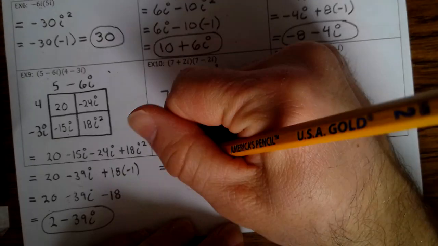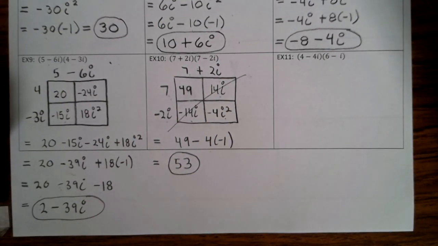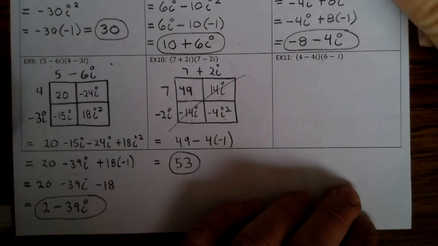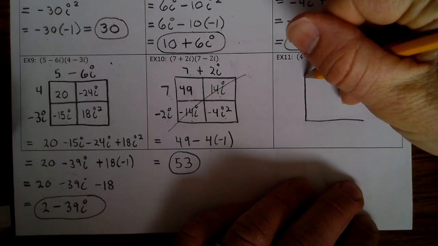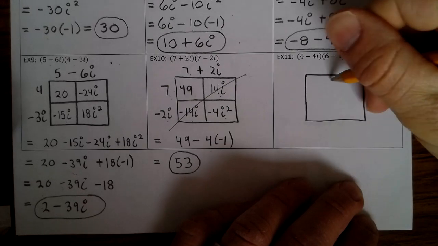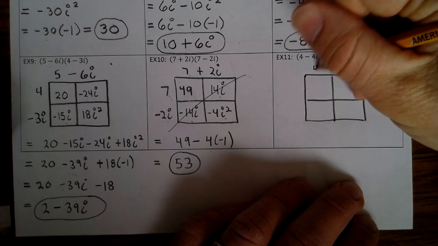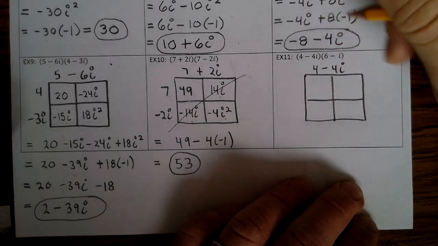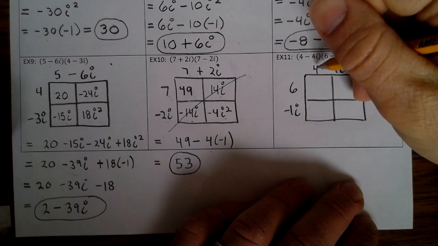All right. So again, we draw our box. So 4 minus 4i and 6 minus 1i. So 6 times 4 is 24. 6 times negative 4i is negative 24i.